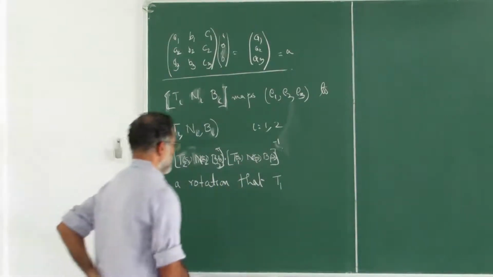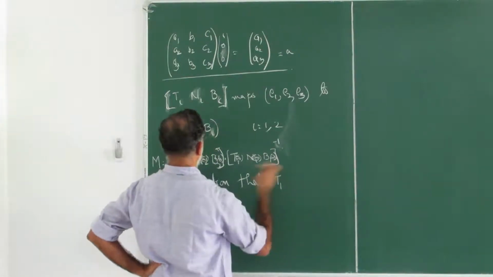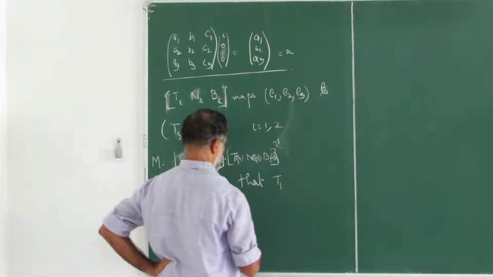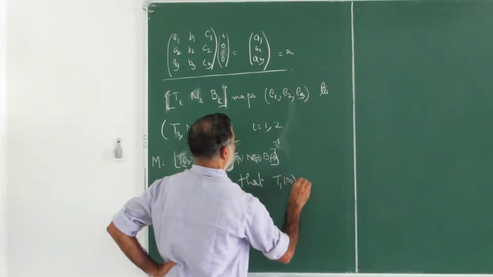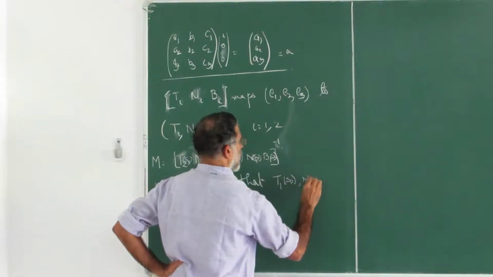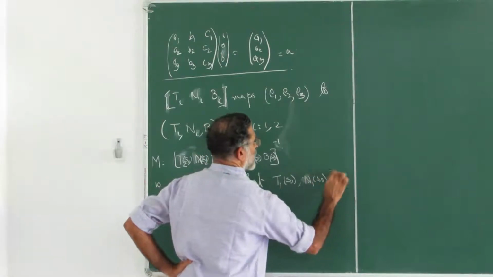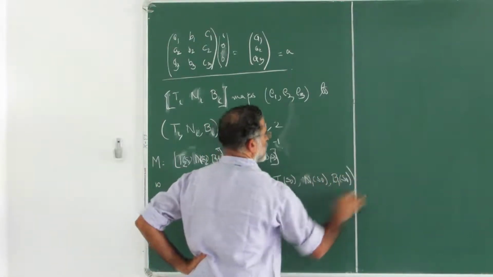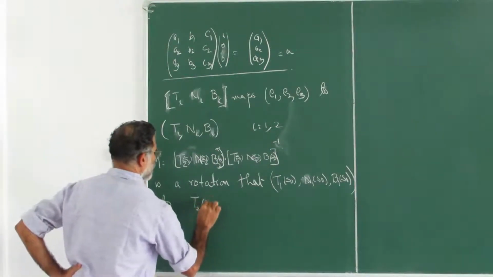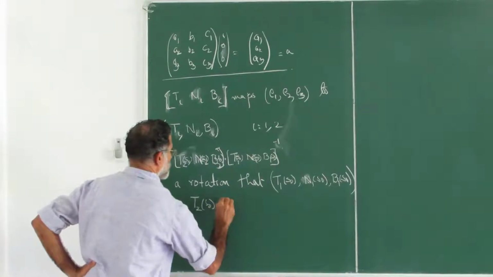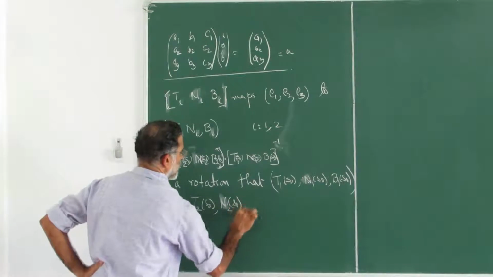At that point we are mapping, since gamma at these points is already 0, the triple T1 at S0, N1 at S0, B1 at S0 to T2 at S0, N2 at S0, B2 at S0.